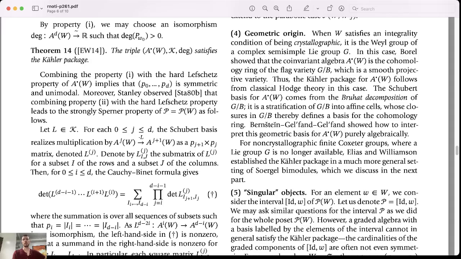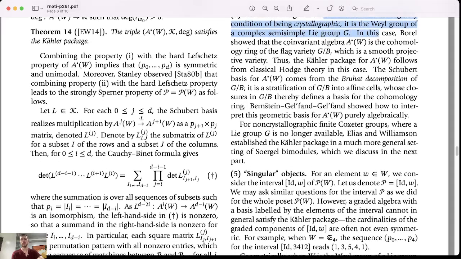Geometric origin. When W satisfies an integrality condition of being crystallographic, it is the Weyl group of a complex semisimple Lie group G. In this case, Borel showed that the covariant algebra A of W is the cohomology ring of the flag variety G/B, which is a smooth projective variety. Thus, the Kähler package for A of W follows from classical Hodge theory in this case.